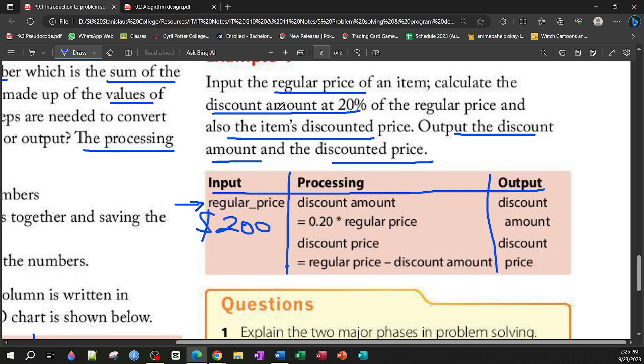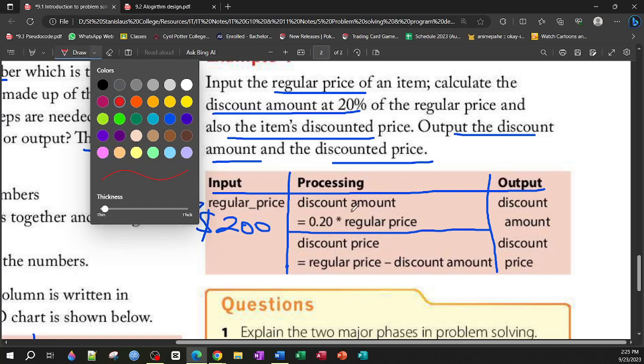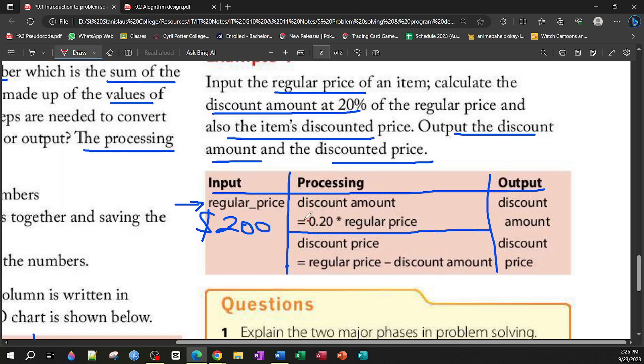Now we need to calculate two things: the discount amount, how much is 20% of this 200, and what is the discounted price now of that item. So I'm just going to draw a line here because this is two different calculations going on here. So the first one here, remember we work from the right hand side of the equal sign.